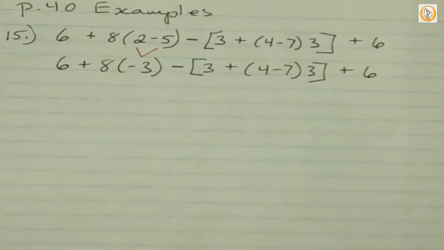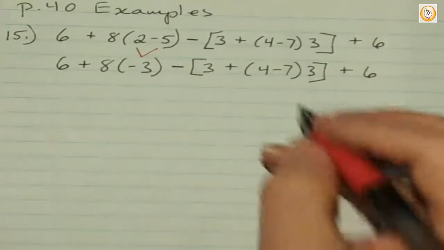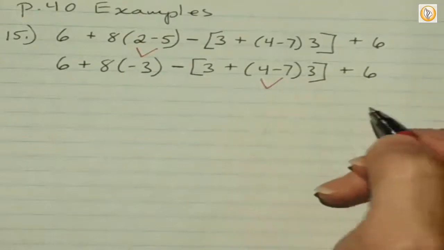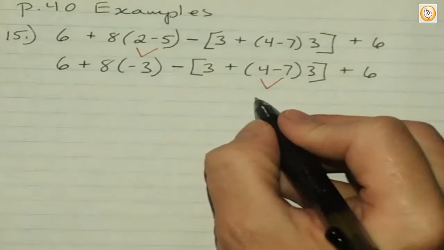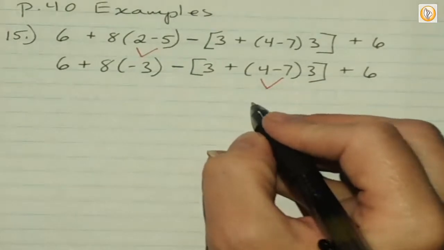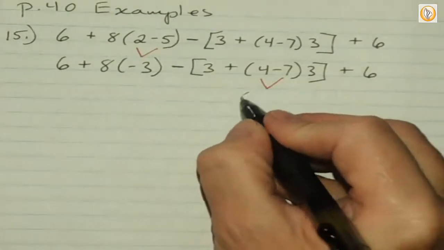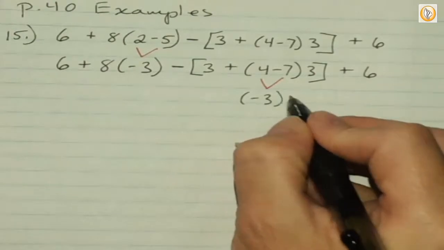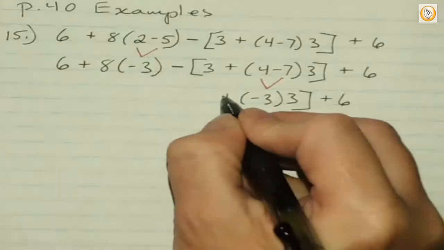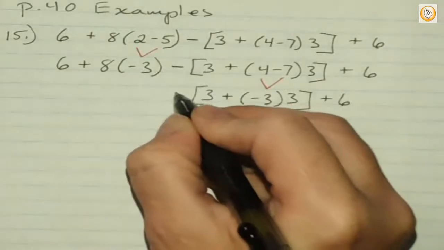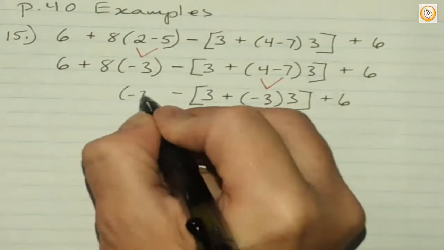So what do I do now? 4 minus 7 inside the parentheses. Okay, and what do you get? Negative 3. Okay, and I'm keeping that in parentheses and rewriting my problem.